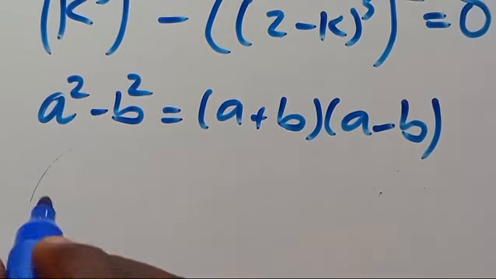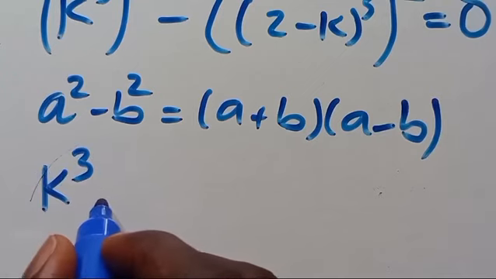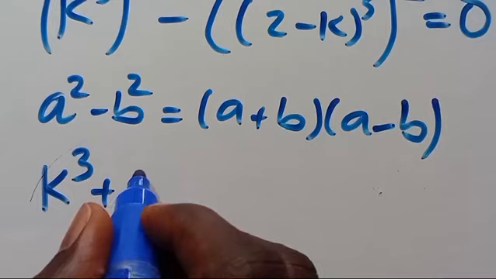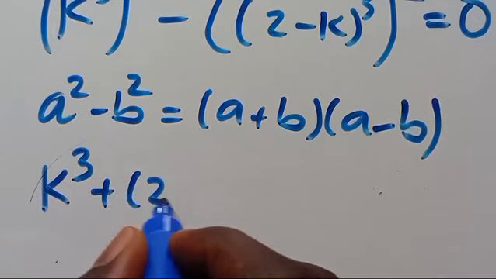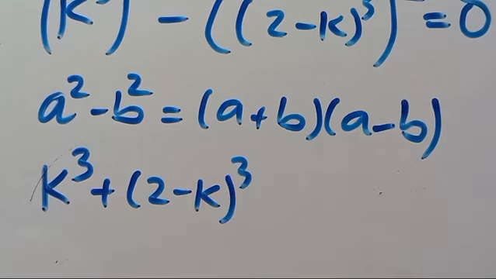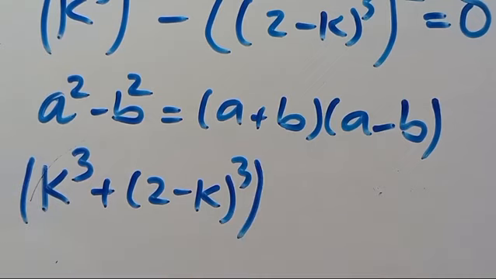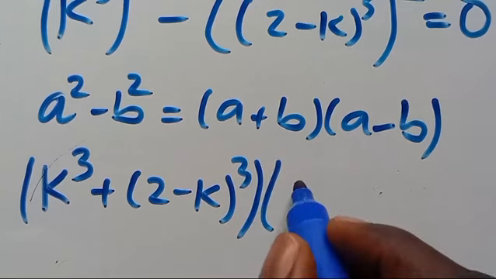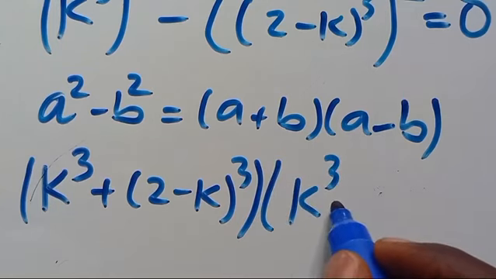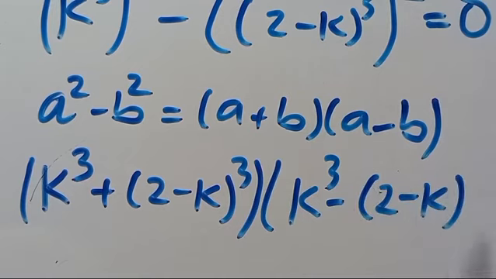So we have here k to the power of 3 plus (2 minus k) to the power of 3, all in brackets, then multiplied by k to the power of 3 minus (2 minus k) to the power of 3. Then we have everything equal to 0.